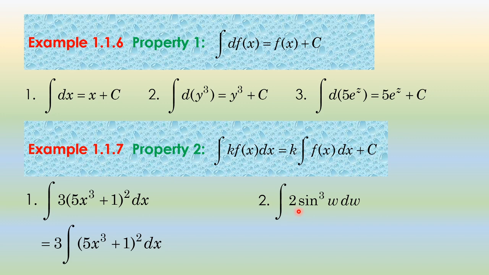If I have the integral of 2 sine cubed w dw, again, this 2 is a constant, I can move it out, giving the integral of sine cubed w dw multiplied by 2 outside.